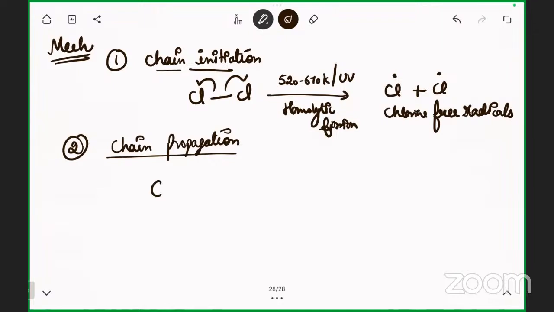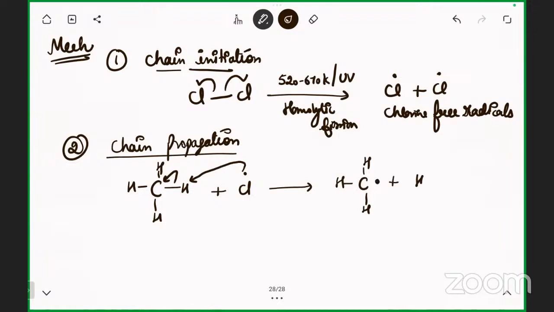So we have CH4, the methane molecule, and this Cl free radical will react. So what will happen? Cl free radical will react on the hydrogen atom, and this bond will shift to this side. It will form methyl free radical along with the HCl. This is called methyl free radical. So now methyl free radical is formed.